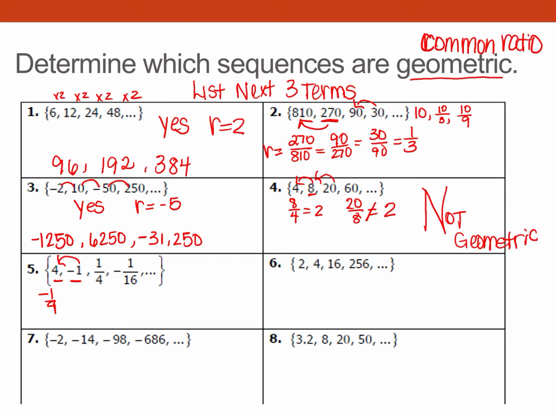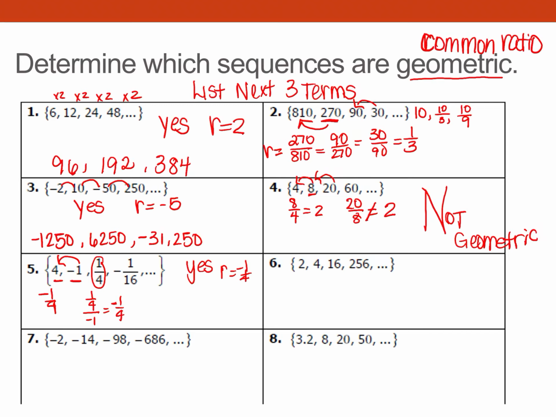Let's try that. If you do 1/4 divided by -1, you still get -1 over 4. So yes, this one is geometric with our common ratio being -1 over 4.